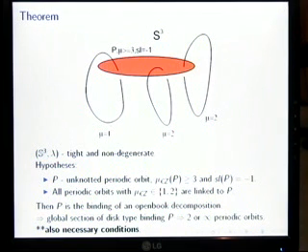For instance, you could not have an orbit with index 1 or 2 or less than 3, which is the boundary of an open book decomposition.